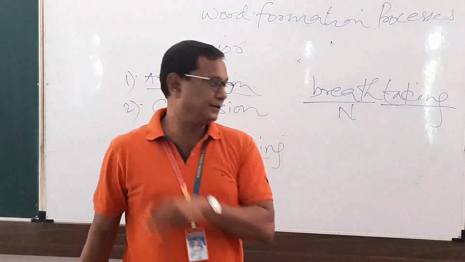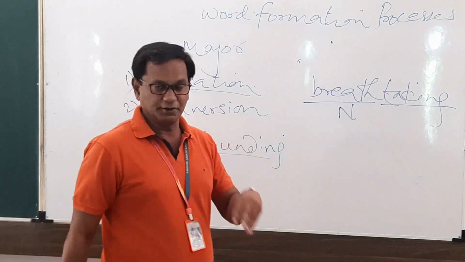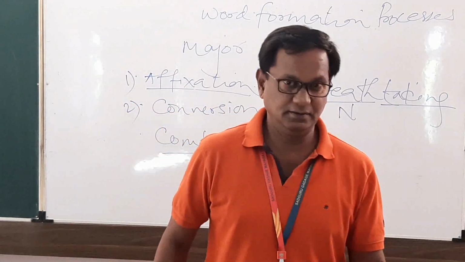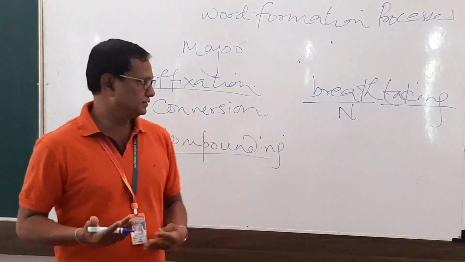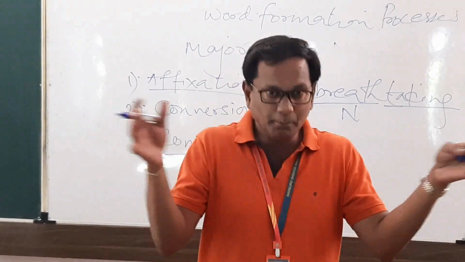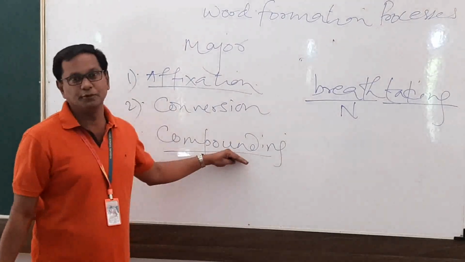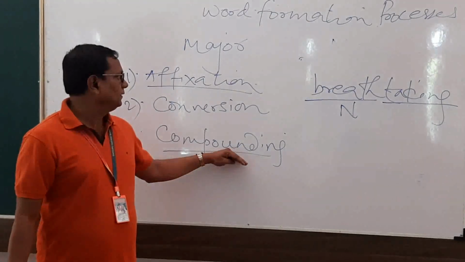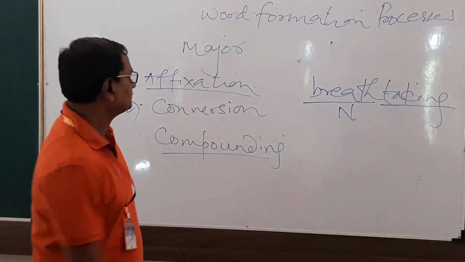It functions differently. Compounding is a particular process in morphology in which the word comprises many different bases. By combining these various word classes, we get examples of the compounding process. So these are the major processes of word formation.